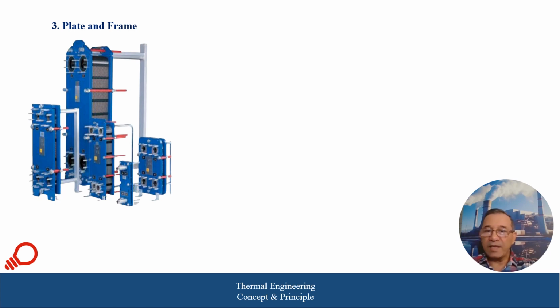It is called a plate heat exchanger because it is made of a number of plates separated by fluids on both sides, and these can achieve highly efficient heat transfer. They may be used in industry, the food industry, the dairy industry, and also the ice cream industry. They are using this type of heat exchanger.